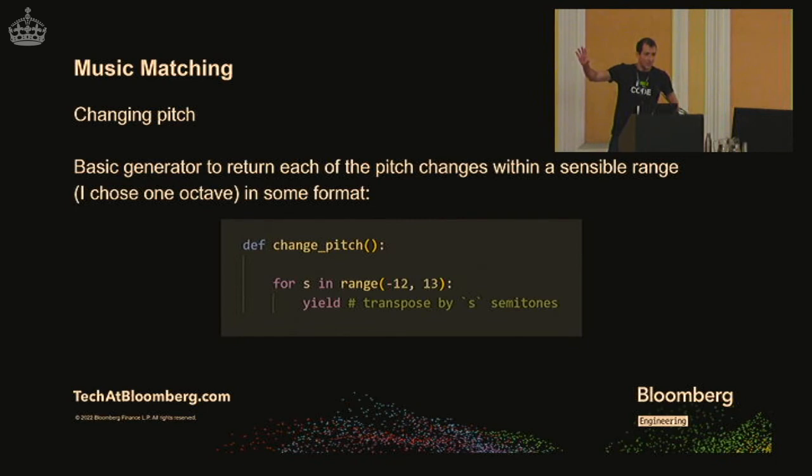Again, if that's not clear at the back, a simple change-pitch generator function iterates over semitone change values in the range one octave either side. And we're using generators, lazy-loading iterables like range. Again, not strictly a generator, but it does the same job. And so our memory use is very low. No matter how large our range of semitones is, we're not using any extra memory.